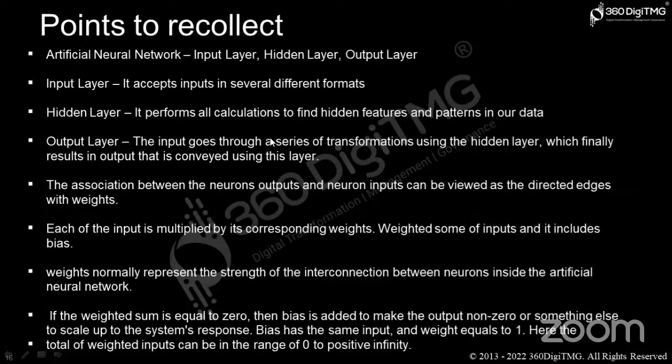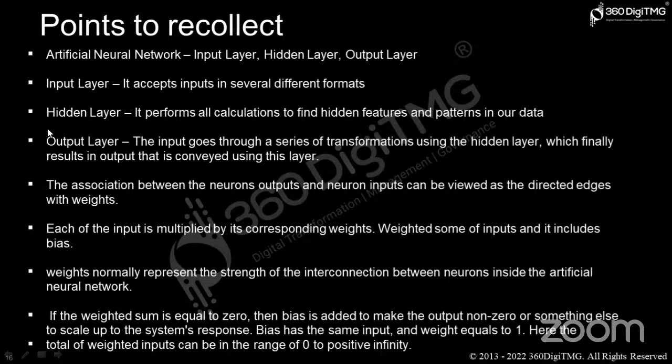We have seen that an artificial neural network consists of three different parts: input layer, hidden layer, and output layer. And we have seen how the association between neuron outputs and neuron inputs can be viewed through weights.